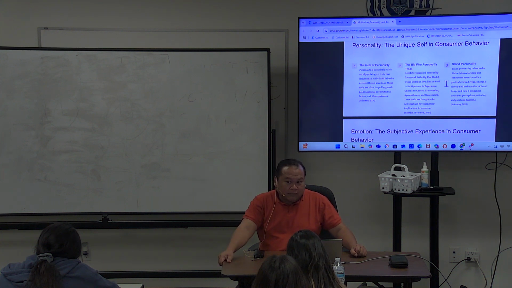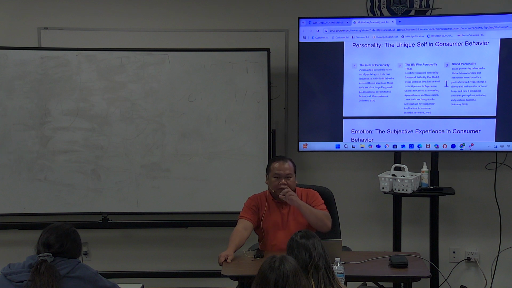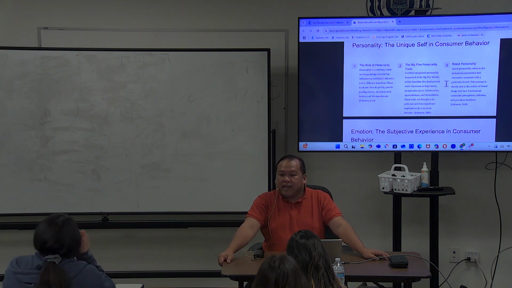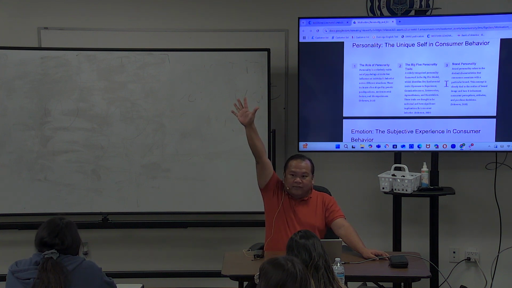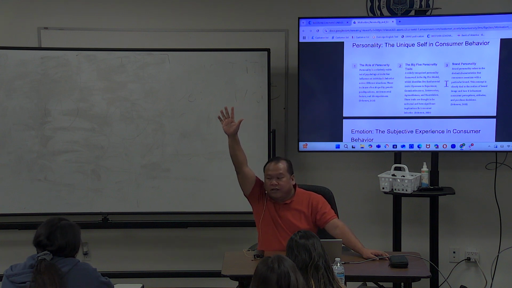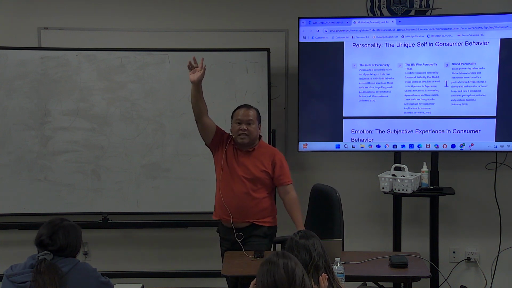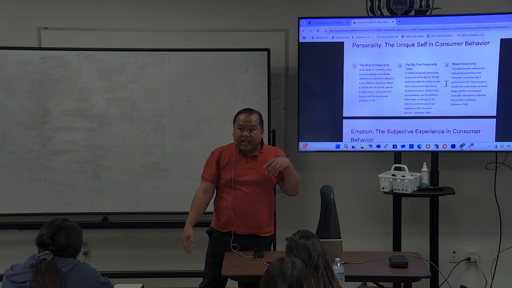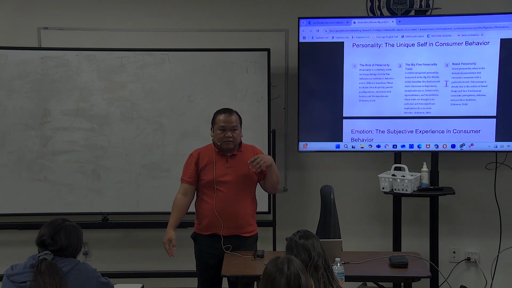Do you get me? Okay, let's do a quick survey. How many of you use Colgate as a toothpaste? Raise your hand. Higher. Colgate as a toothpaste. 1, 2, 3, 4, 5, 6, 7. Okay. How many of you use Sensodyne as a toothpaste? 1, 2.